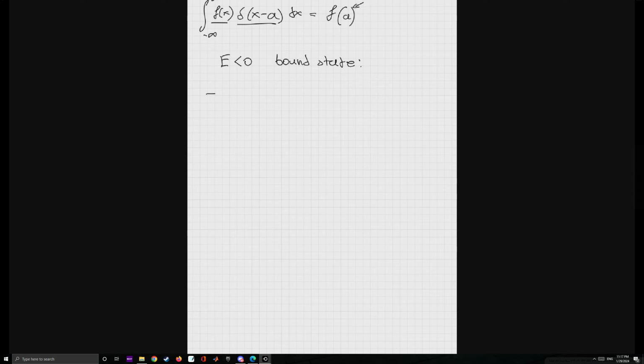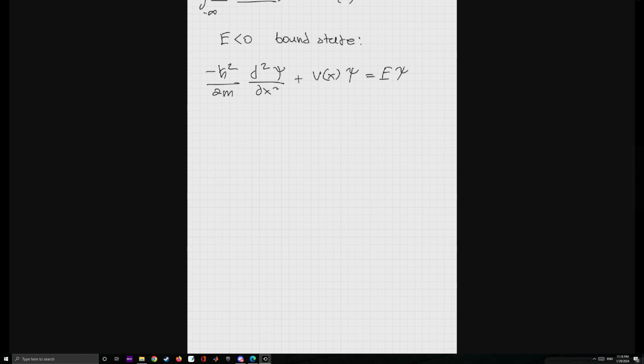Let's write down the Schrodinger equation. I will first write down the generalized Schrodinger equation. Right, so this should be plus the potential.